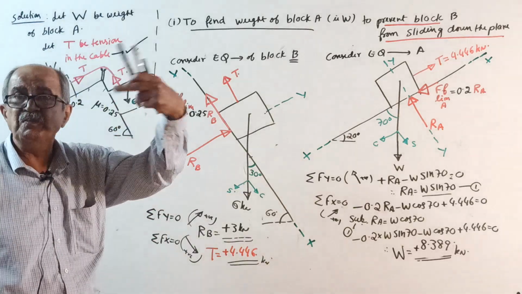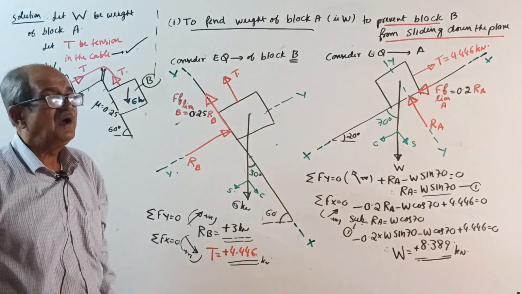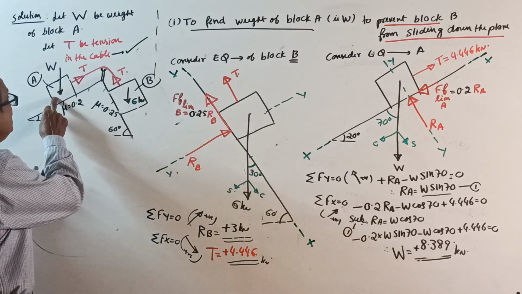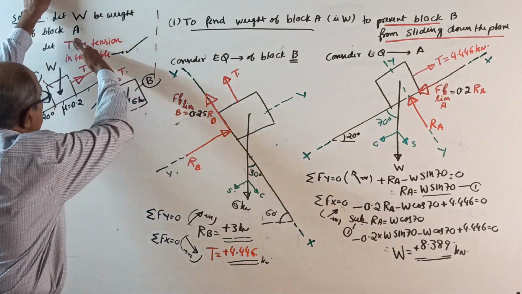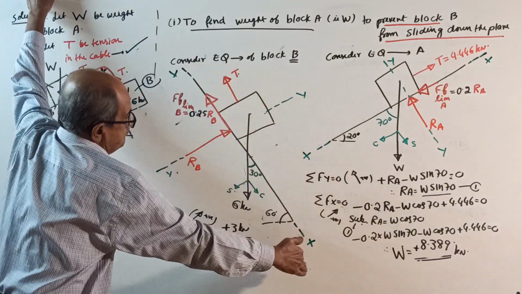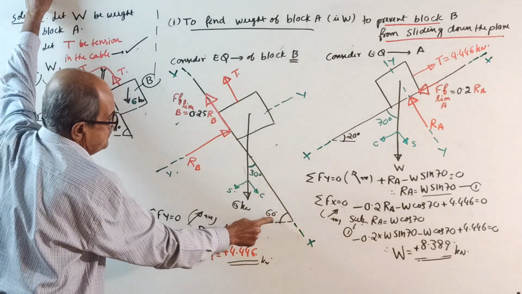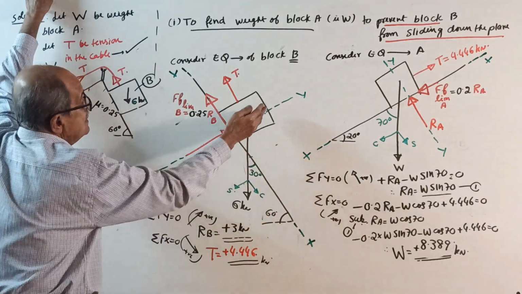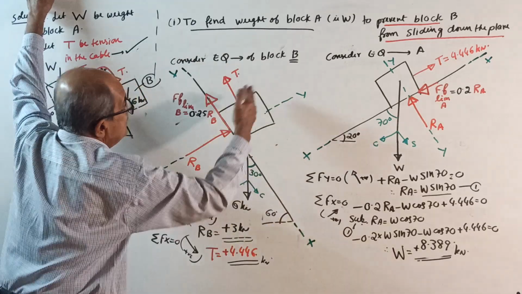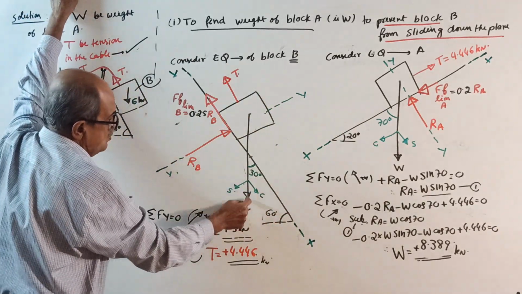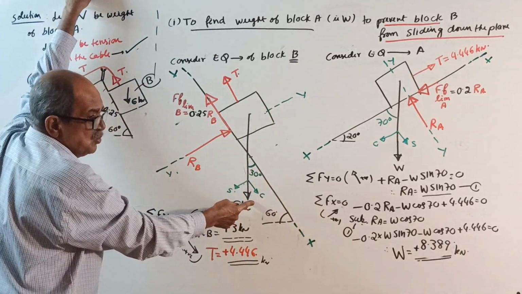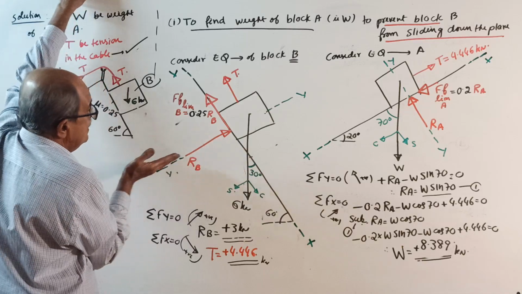First consider block B. Where your unknown is at A, you should start from the other block. Okay, start with block B. See here. Block B this way, 60 degrees. Now, this is your XX, this is YY. This 60 means 30. 6 kilonewton sine, cos, thousands of times explained. Okay.